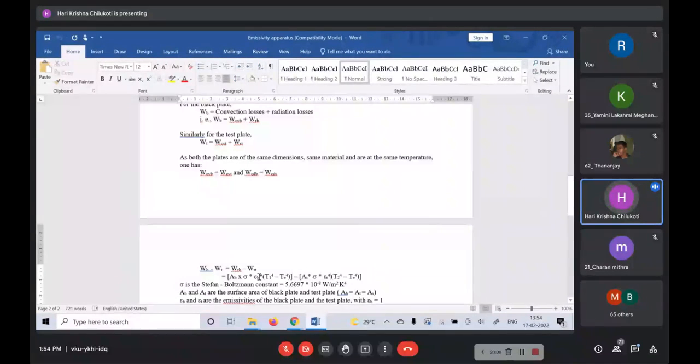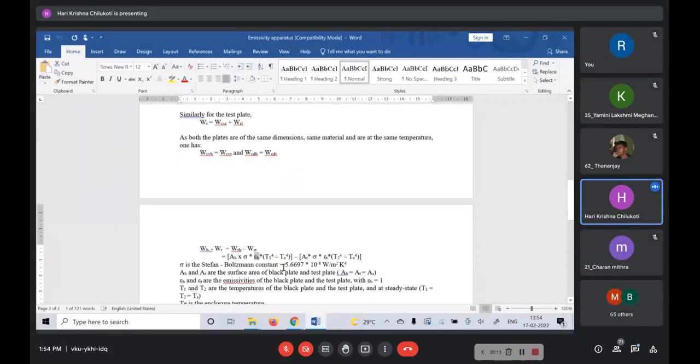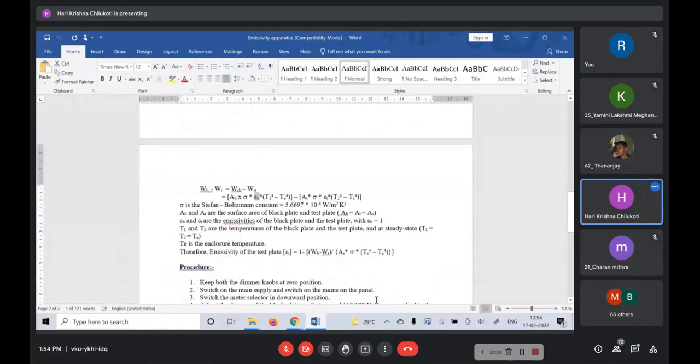Here the emissivity for the black body is equal to 1, and we know the Stefan-Boltzmann constant, and we already know the surface area of the test plate as well as the reference plate. Both of the diameters are the same. We know the diameter of the plate as well as the thickness, so we can simply find out the area.